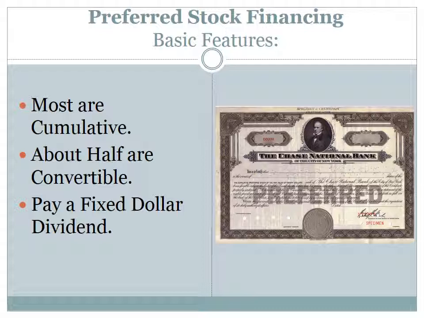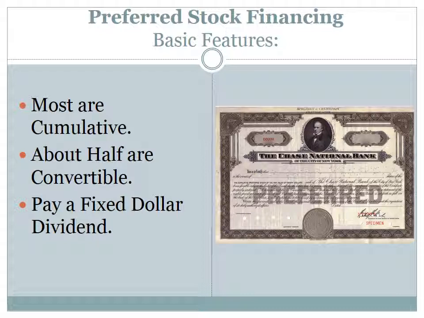About half of the preferred stock out there is convertible, just like convertible bonds. You can have convertible preferred stock, where you use the par value of that preferred stock to buy shares of common stock at some predetermined price. What is different with preferred stock is that the par value is generally not $1,000.